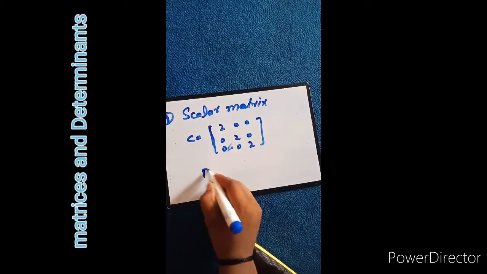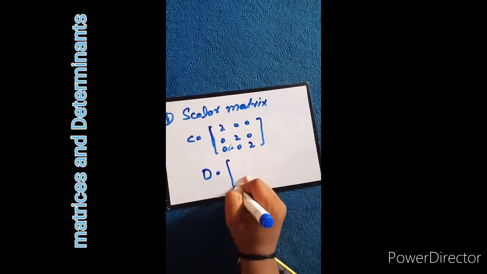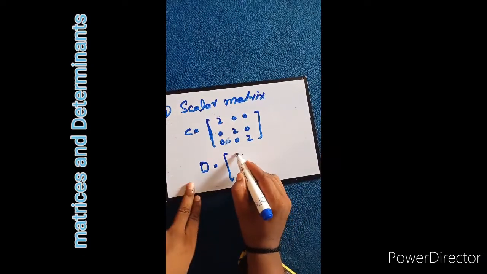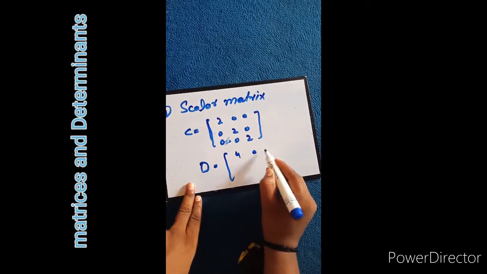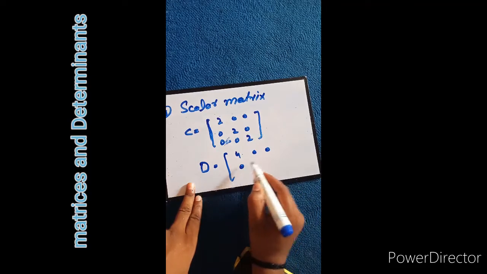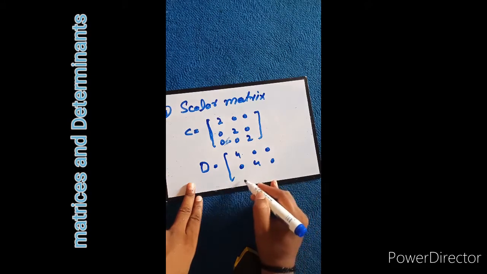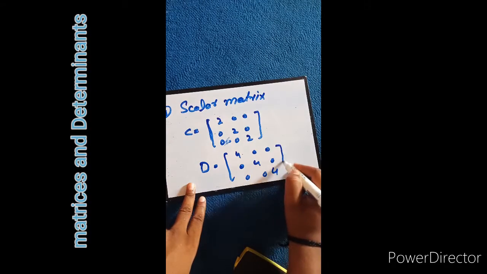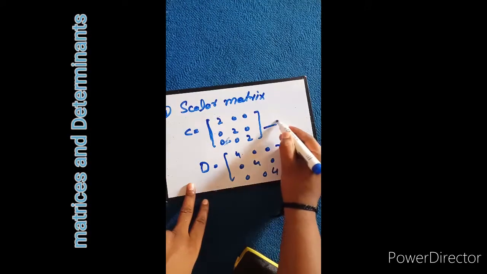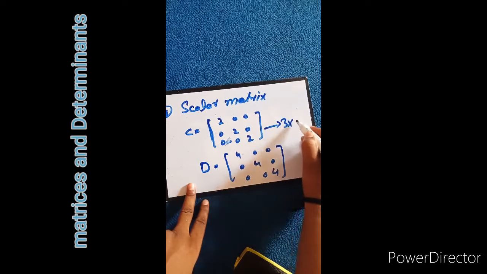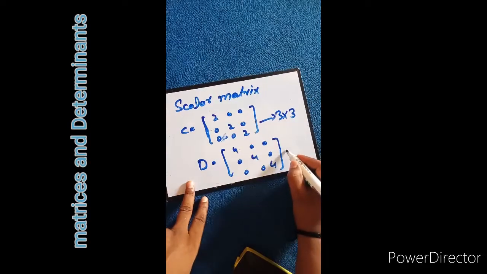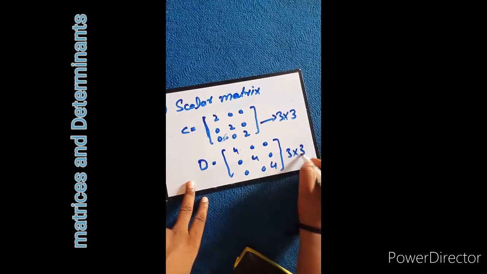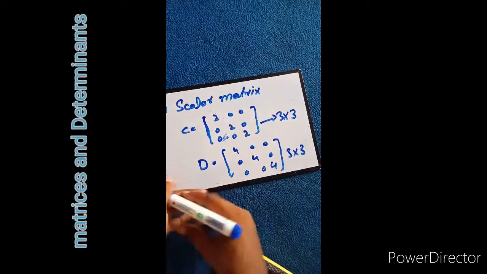As another example, you can understand easily that it may be 4 0 0, 0 4 0, same as 0 0 and 4. The order of the matrix is 3 cross 3, and it is a scalar matrix.